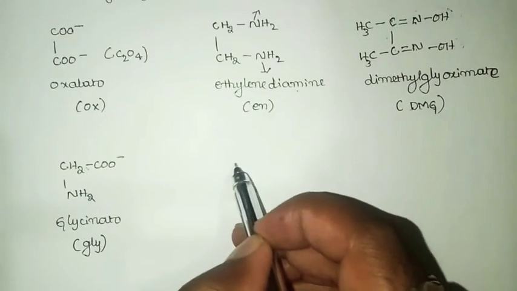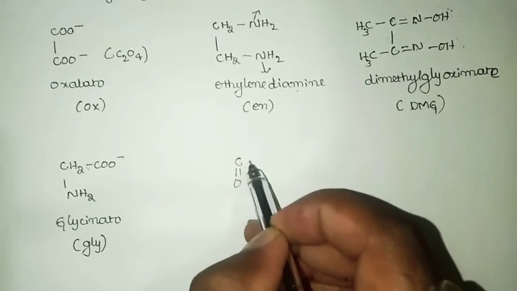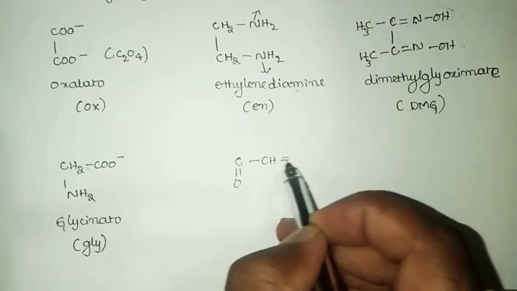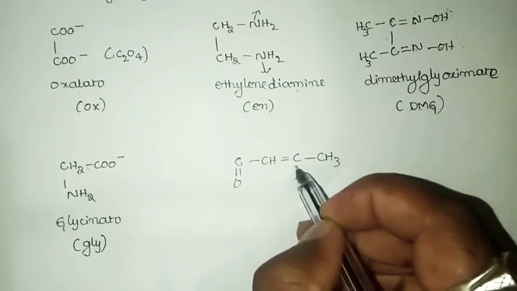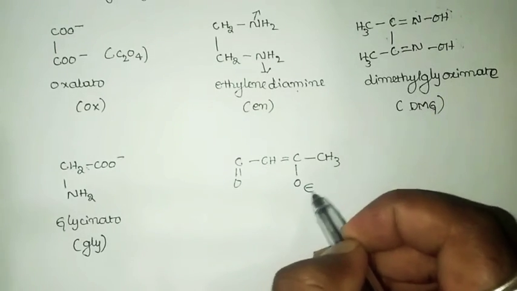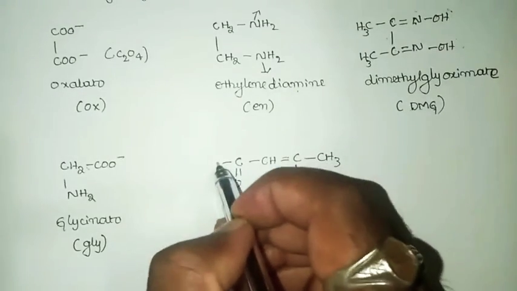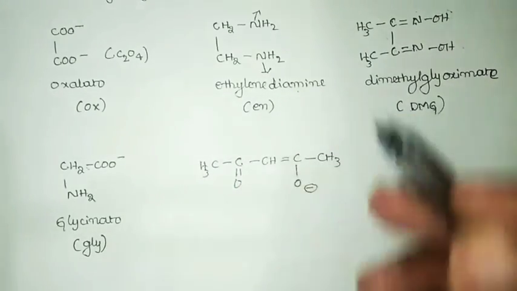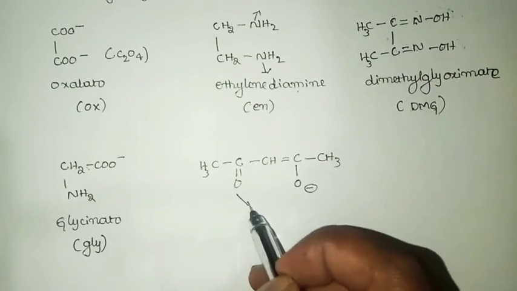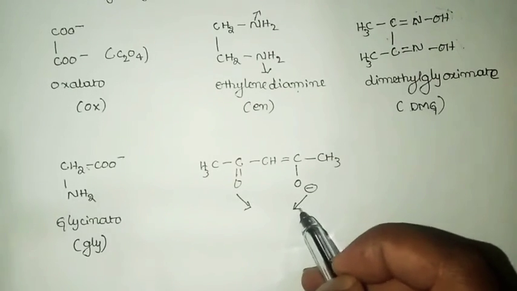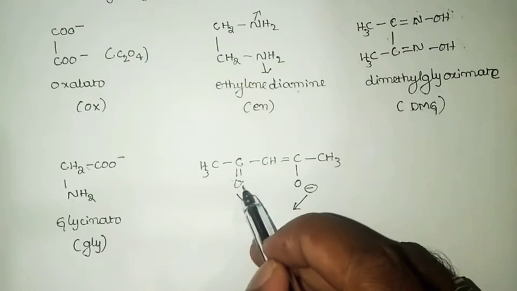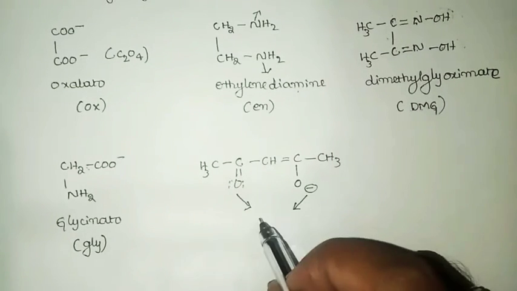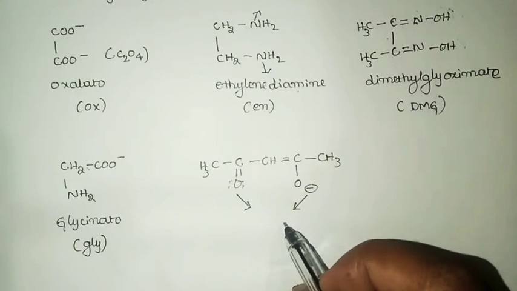And one more, say C double bond O, CH double bond C, CH3, and here we will be having single bond with one negative charge, and here CH3. Here this oxygen atom and this negative charge, these two things will be having a lone pair of electrons on the oxygen atom, right? So one of the lone pairs will be donated and this negative charge will be donated.